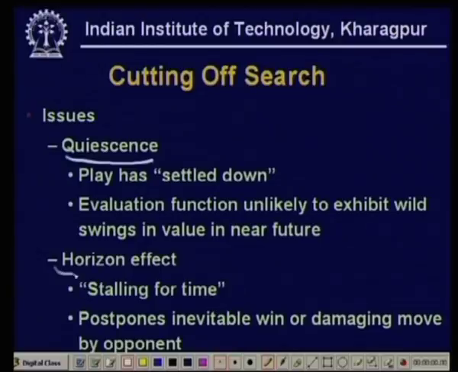Secondly, often in game tree search, we notice the horizon effect. Horizon effect happens when there is a particular set of moves so that there will be a dramatic change when a particular move is taken, but you can use stalling operations to stall the inevitable bad or good position.